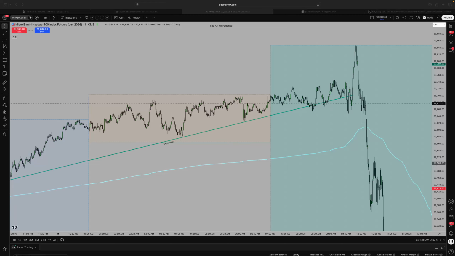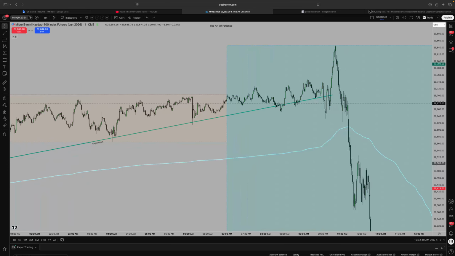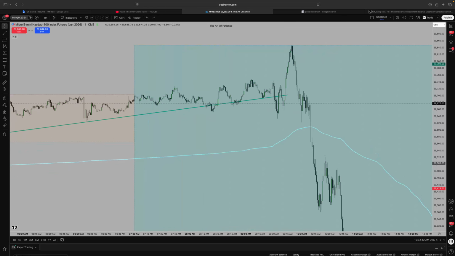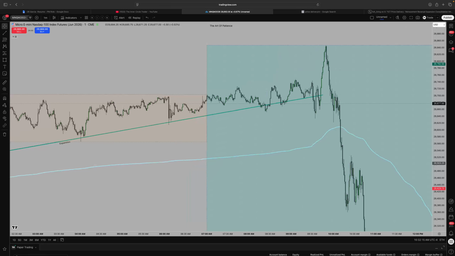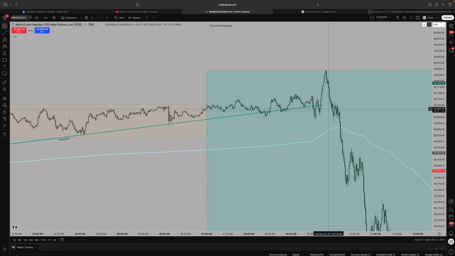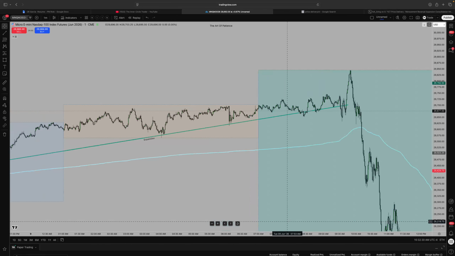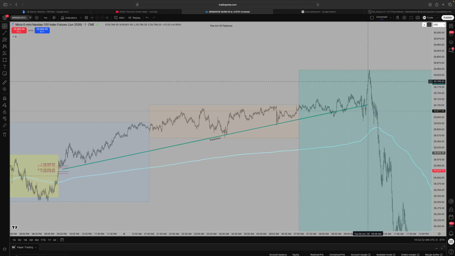All right, so after the expansion, we go into a retracement or reversal. Now, this is a very difficult session because this move here is very manipulative.